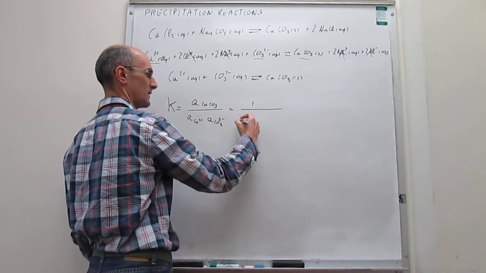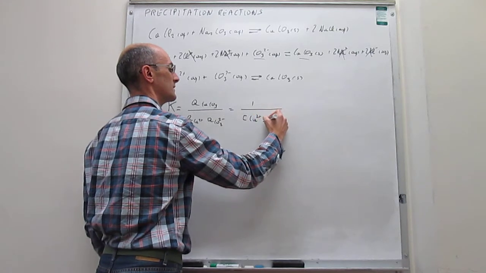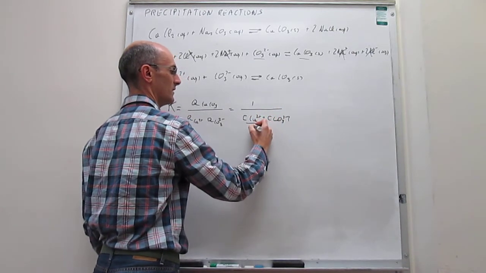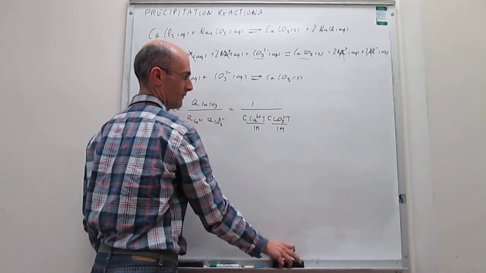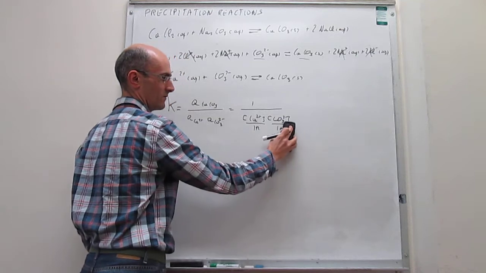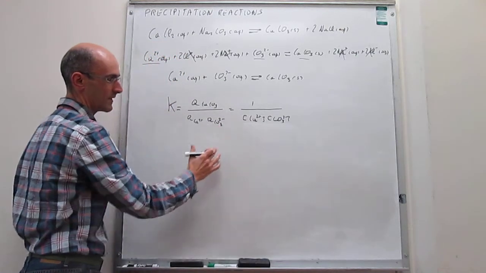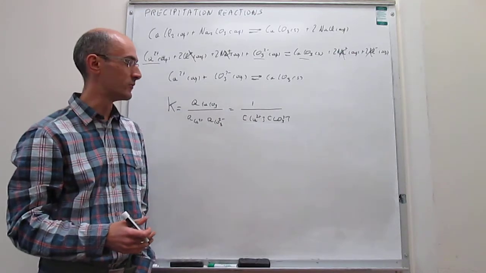And then the activities here, we can map them into terms of concentrations, Ca2+ and then CO3 2-. Generally, you just divide them by the reference state, but for convenience, we just omit that division. What is obvious is that the equilibrium constant should have no units.